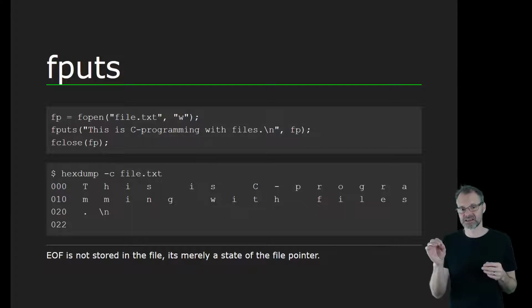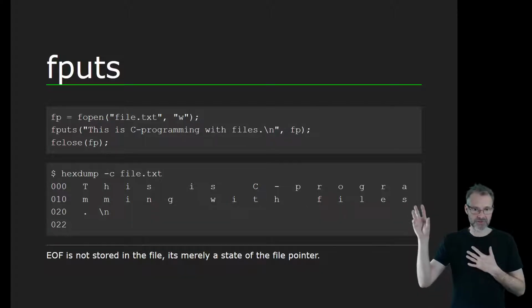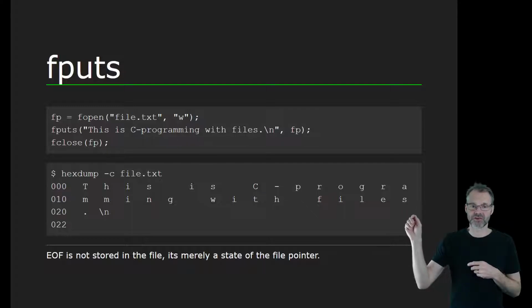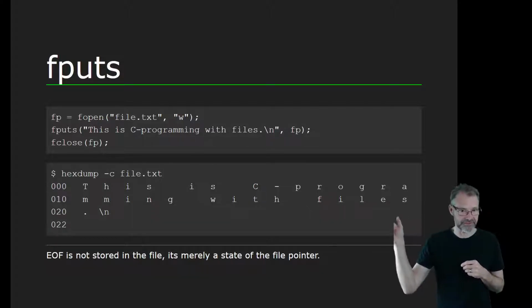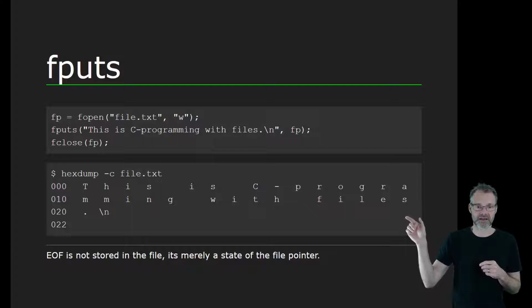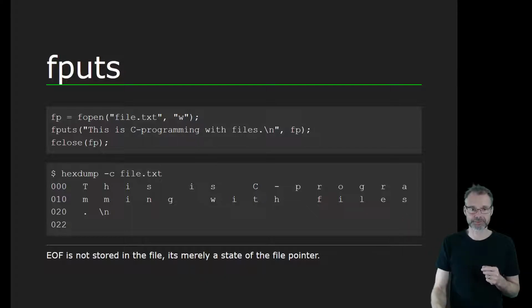But for now, I'm just going to do hexdump -c, and that is going to show me what the content is, and I see all the chars in the file, including the \n character there.